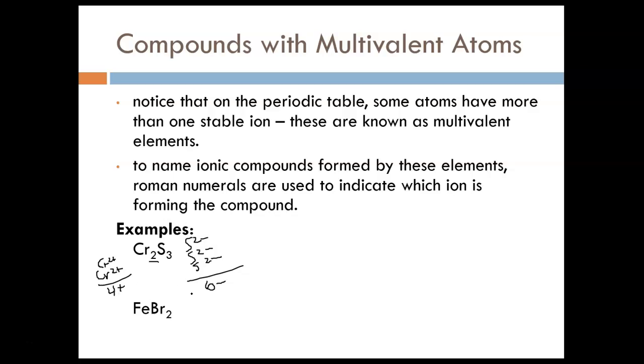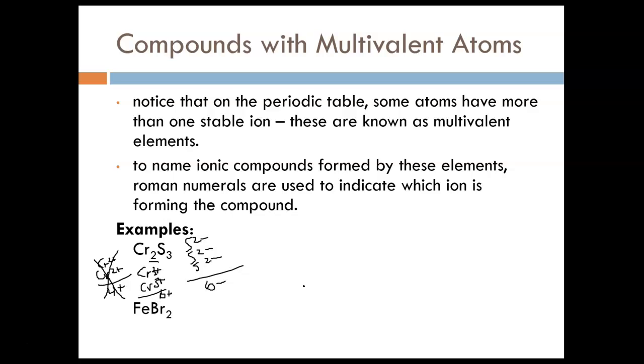And that's not enough to cancel out the 6 minus. So we cannot be using chromium 2 plus. We must be using chromium 3 plus. If I have one 3 plus and a second one, that is going to give me a total of 6 positives, which cancel out my 6 negatives.